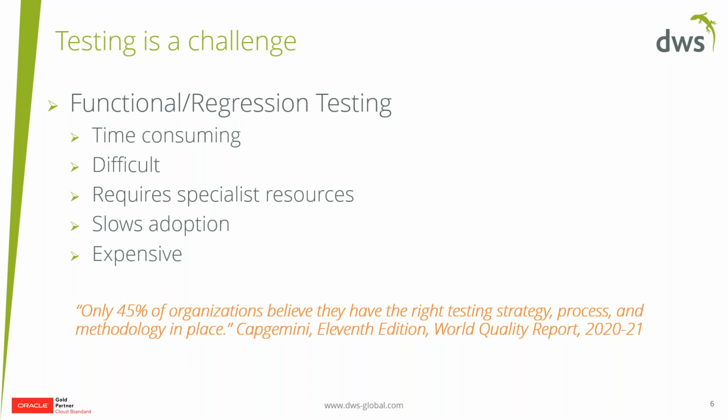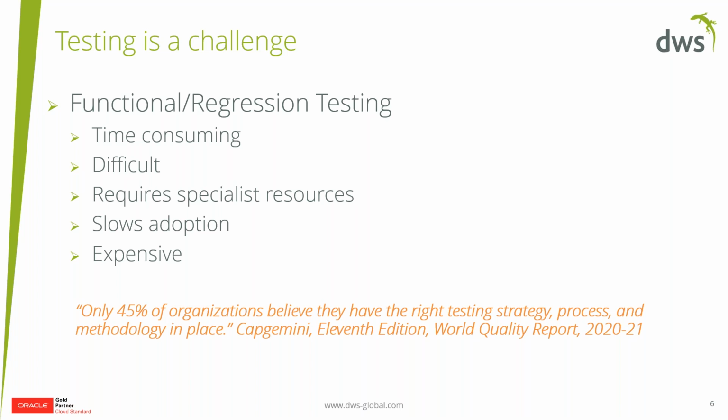And another surprising statistic for us in the same World Quality Report was that less than half of the organizations that were polled, really only 45% of them, believe that they have the right testing strategy and process in place.